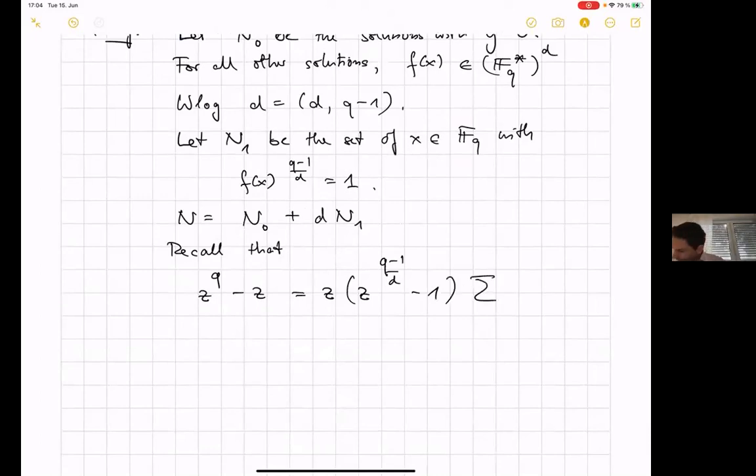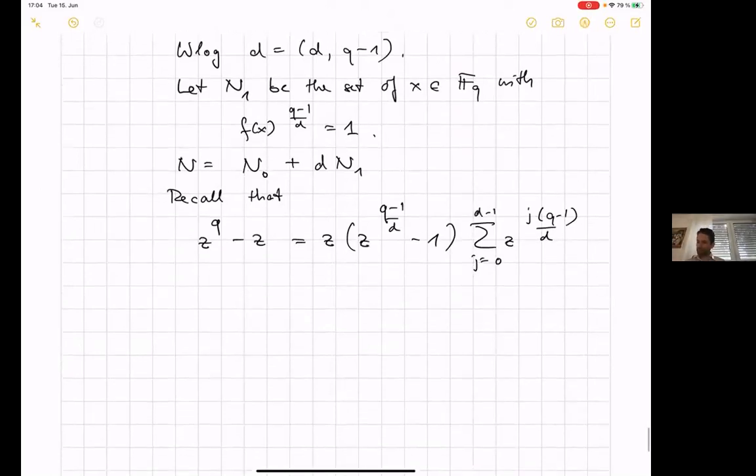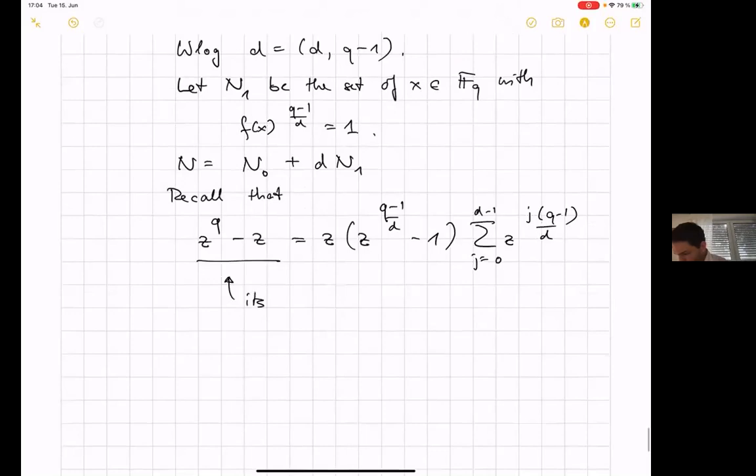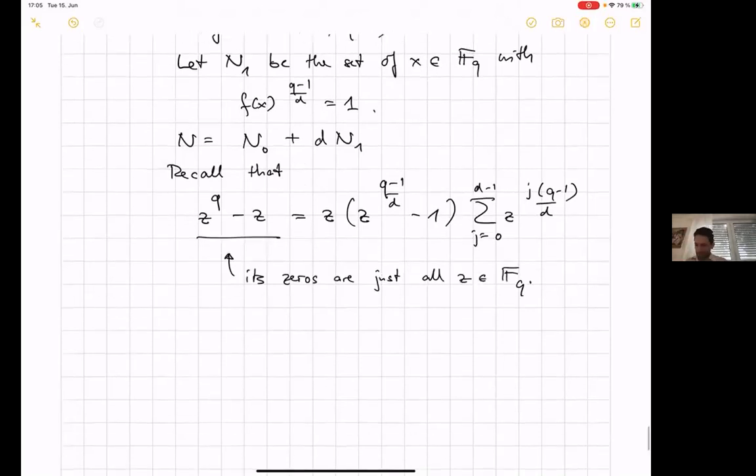And then I'm left with a geometric series, z to the power j times (q minus 1) over d, where j runs from 0 to d minus 1. Okay, and the observation is that the zeros of this polynomial are just all the elements in Fq. So its zeros are just all z in Fq. This is how you define Fq.